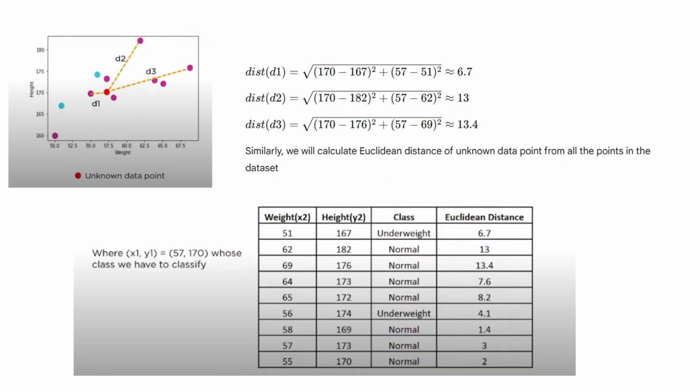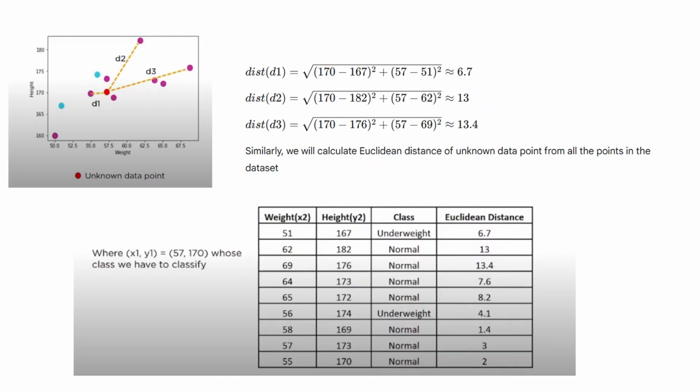If it is a single feature, xi minus yi. If it is two features, x1 minus y1 whole square plus x2 minus y2 the whole square. By using this concept, we have found out the distance from the new data point to all other data points in the data set.